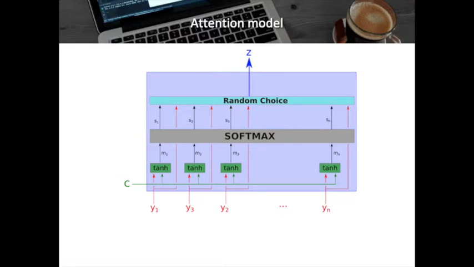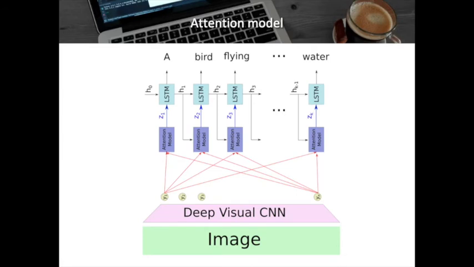So now with this, let's go back to our image captioning example in order to understand this in the context of applying attention models. So now we included this attention layer, if you will.